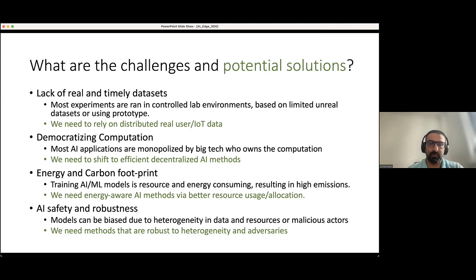As we said, AI models can be naturally biased due to the heterogeneity in the data and the resources, or in some cases, there can be malicious actors in the system that try to bias the AI model if we are relying on global data or decentralized data. So we need methods that are robust to this heterogeneity and adversaries as well.